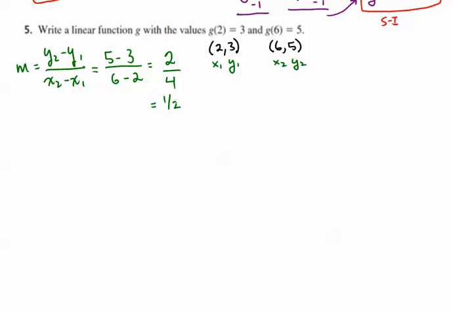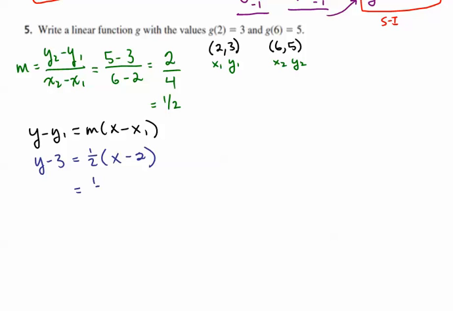At this point, we're ready to construct our point-slope form. y minus y1 is equal to m times x minus x1. And I will use the point 2, 3. So y minus y1, which is 3, is equal to 1/2 times x minus x1, which is 2.